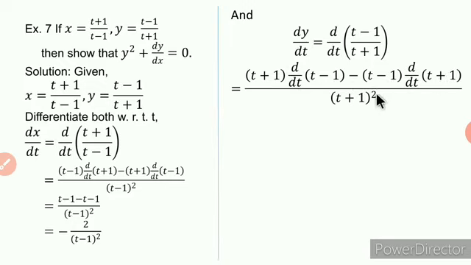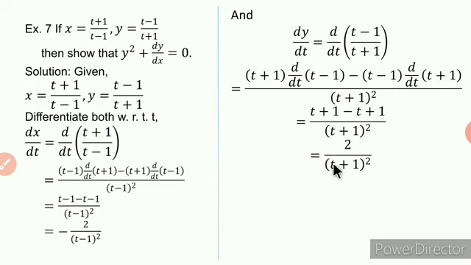Again here the derivative of t minus 1 and the derivative of t plus 1 both are 1. So in the numerator we get t plus 1 minus of (t minus 1), means minus t plus 1, divided by (t plus 1) whole square as it is. Again t minus t get cancelled and we remain with 1 plus 1, means 2. So we get dy upon dt is equal to 2 upon (t plus 1) whole square.